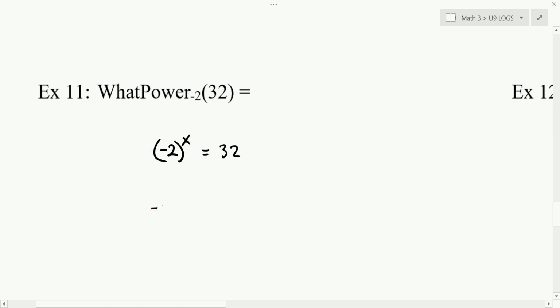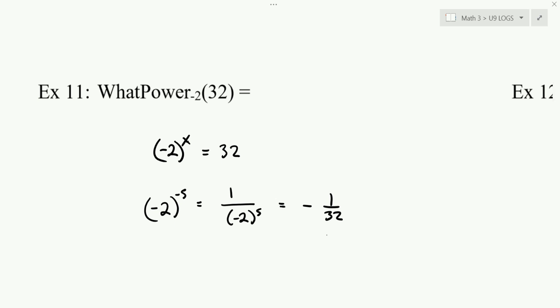Let's try. If I go -2 to the -5, what is that going to equal, guys? 1 over -2 to the 5th, which would be -1 over 32. So that wouldn't work. No. If you flip it, the exponent becomes positive, but not the number. Just the exponent. Okay.